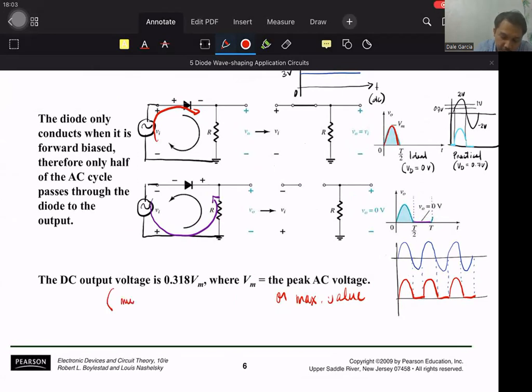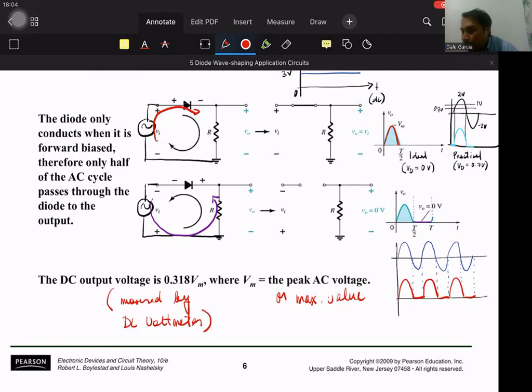This is the one that is measured by a DC voltmeter. If we measure it in our circuit, we would obtain a value of 0.318 times VM.